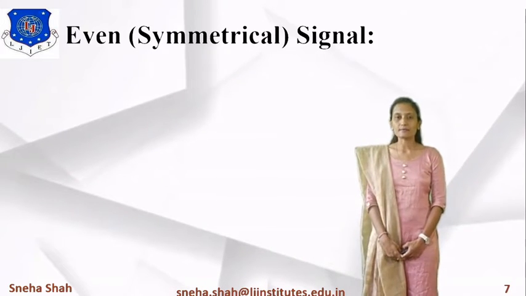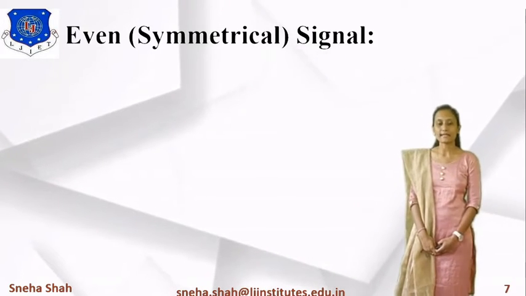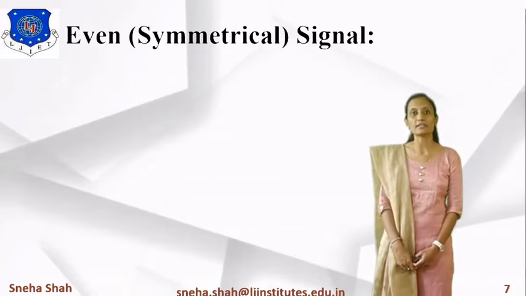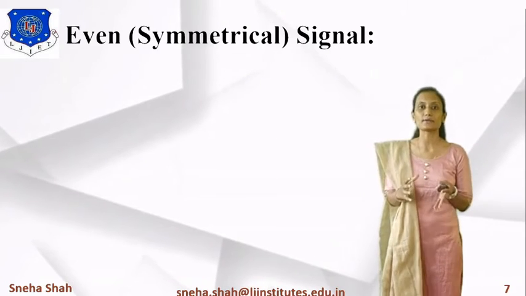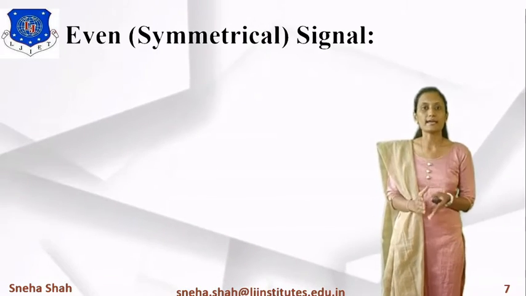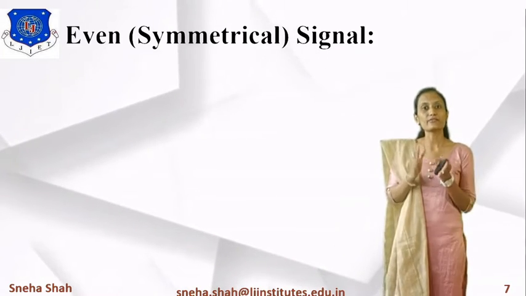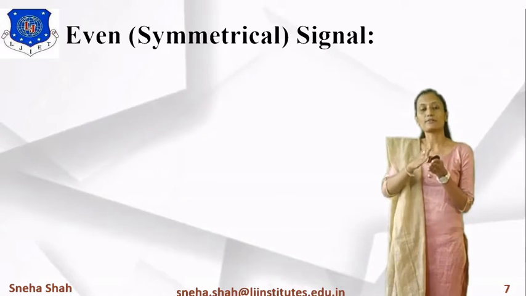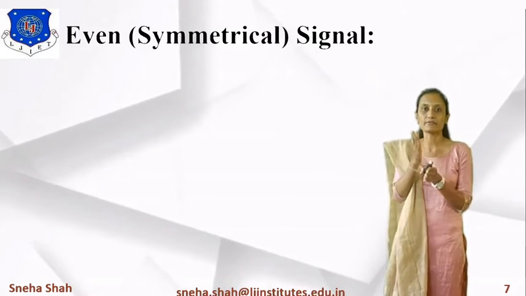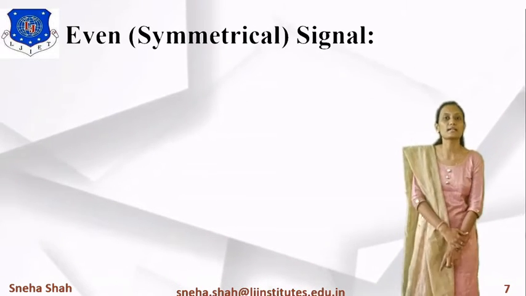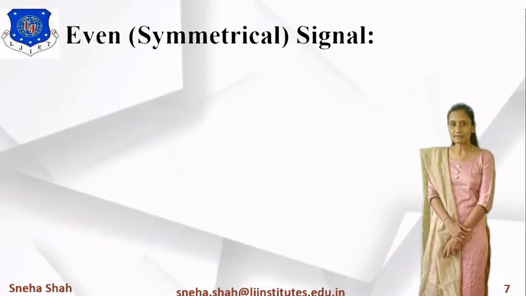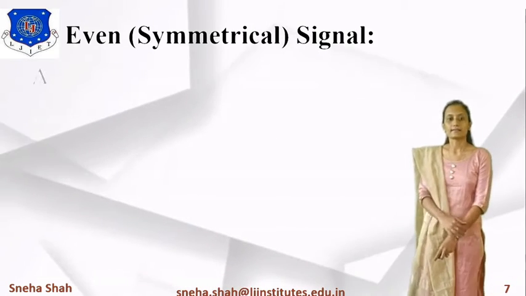Now the next type of signal is the even or symmetrical signal. What is the meaning of even signal? An even signal is a signal which has symmetry over the y-axis. If we take the positive part and the negative part from the y-axis, the signal will remain the same. So it will be symmetrical about the y-axis.